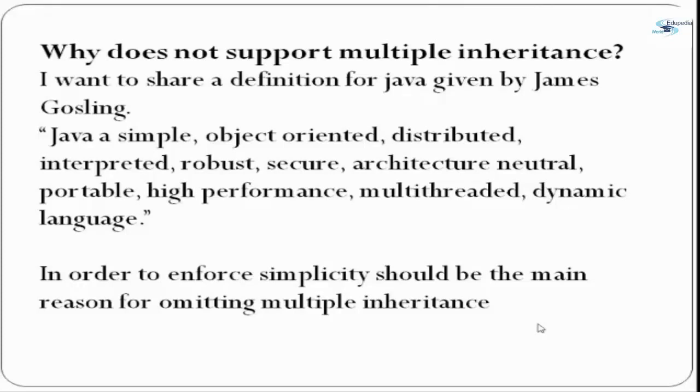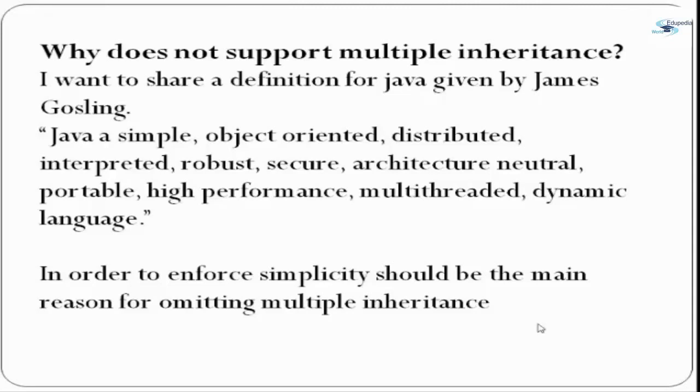Well, the diamond problem says that, let's say we have a class Animal, and there are two classes, Dog and Cat. Both of these classes extend class Animal, and as we have already seen, there is a method makeSound. Now my class Dog extends Animal and it also extends another class, Mammal.